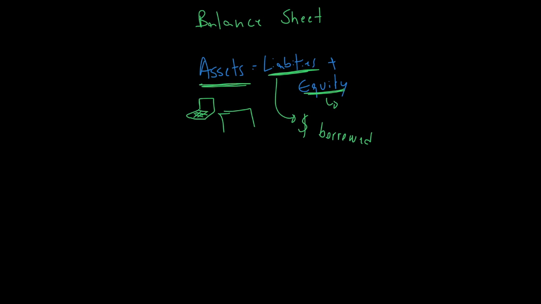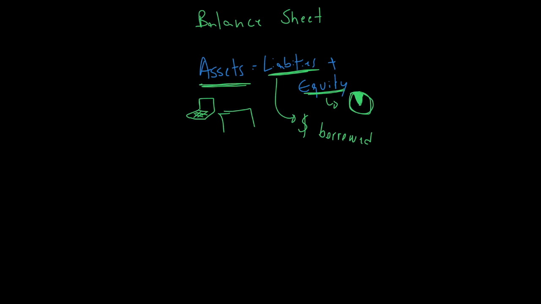So basically, I provide equity, which is a share of my company. If this pie is my company, I give equity to someone so that they own part of my company, but I don't owe them any money whatsoever because they own part of my company. There are investors out there called venture capitalists or angel investors, and they will own part of my company.